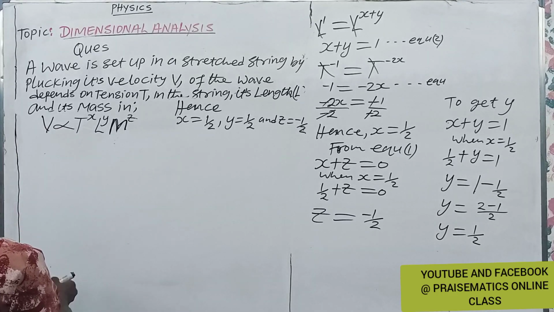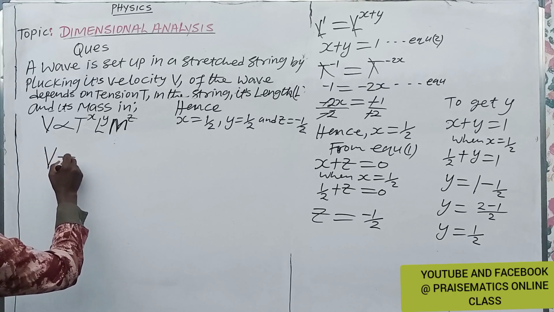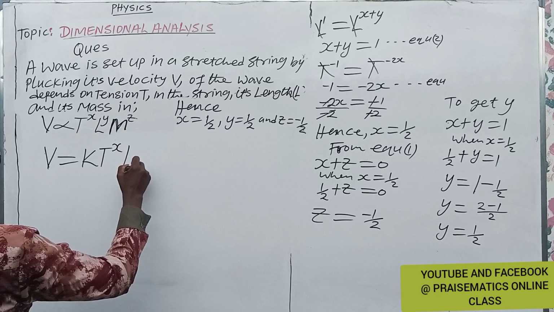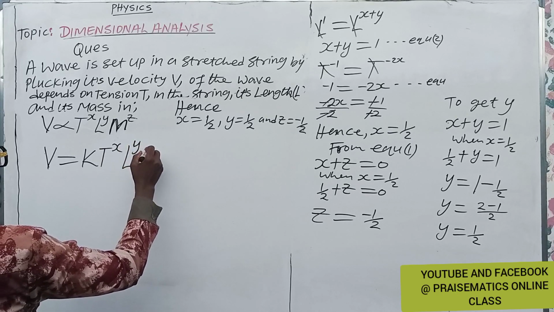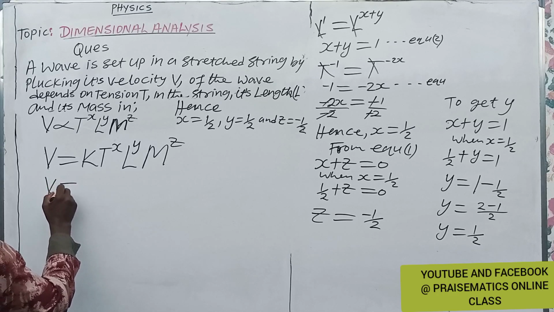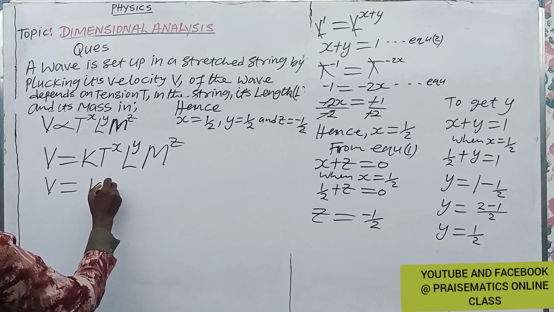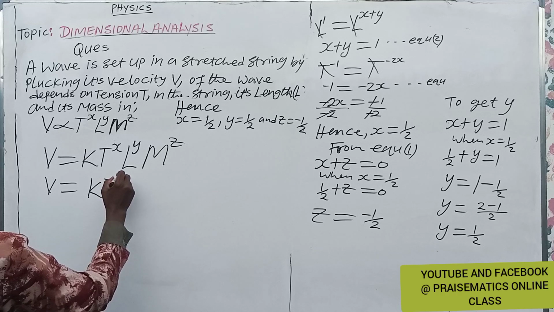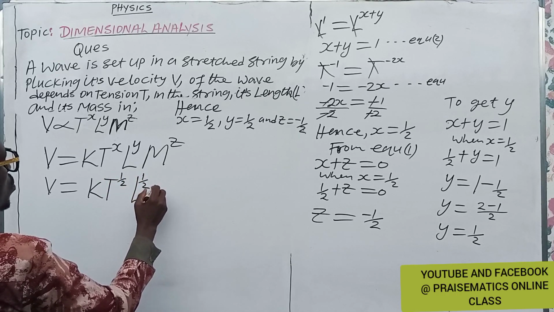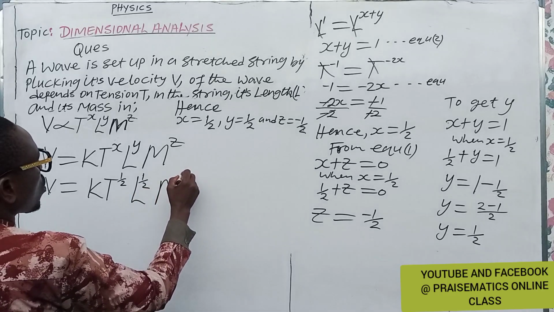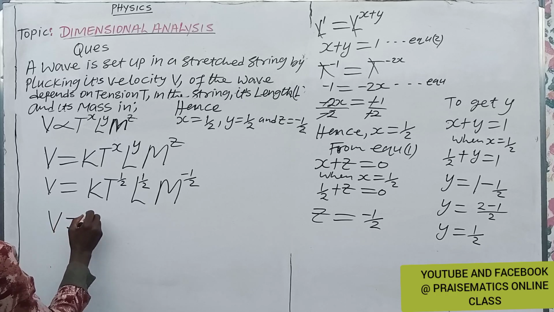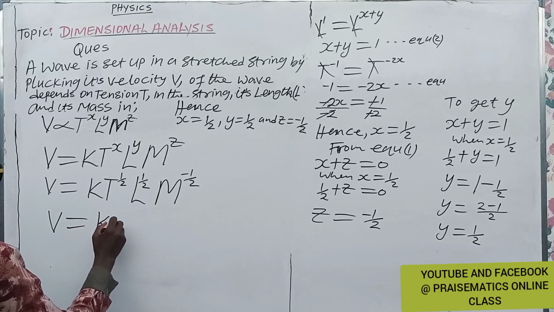We now have that V is equal to K, T raised to X, L raised to Y, and M raised to Z. Now V is equal to K into T, where our X is 1 over 2, our Y is 1 over 2, and our Z is minus 1 over 2.